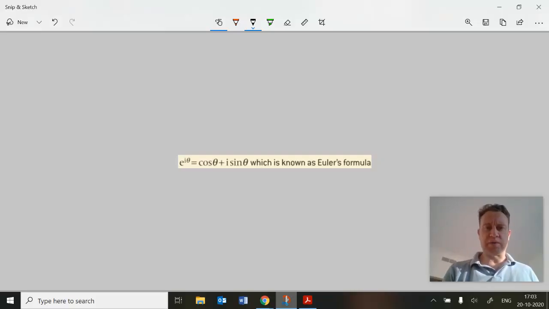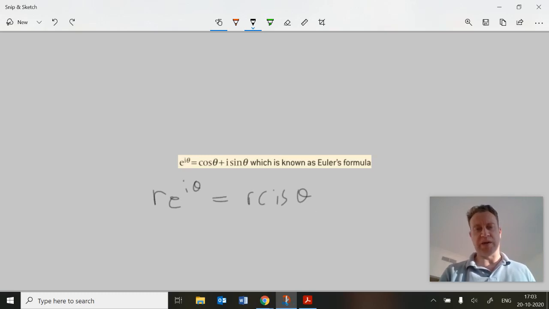Hi there, guys. So I'm going to prove Euler's formula in this video here, and we're basically talking about our complex numbers written either in Euler's form, so we would have r e to the i theta, or also r cis theta, which would be our polar form there.